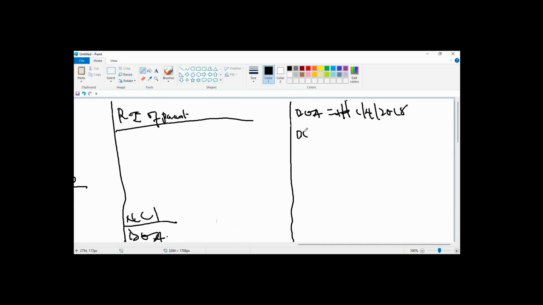When are we consolidating? We are consolidating 31st March 2020. So how many years' accounts is this? This is 2 years' accounts.